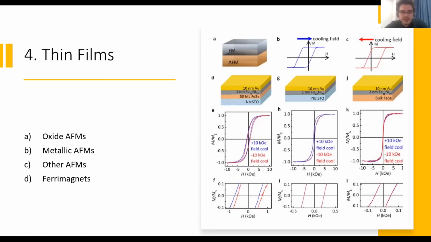Ferromagnetics: several systems have a ferromagnetic part, as reported in studies. Ferromagnetic materials can be used both for the ferromagnet part and for the antiferromagnet part because of their characteristics. They can play either role.